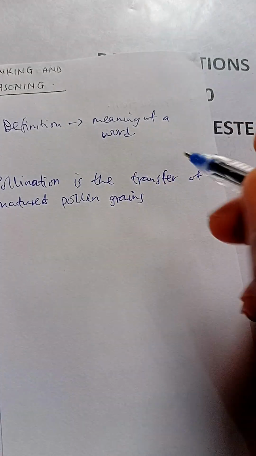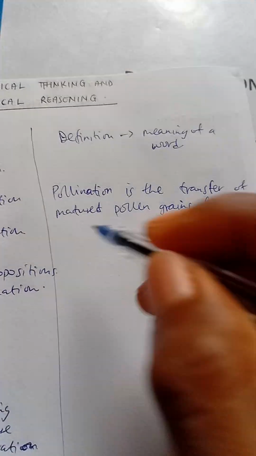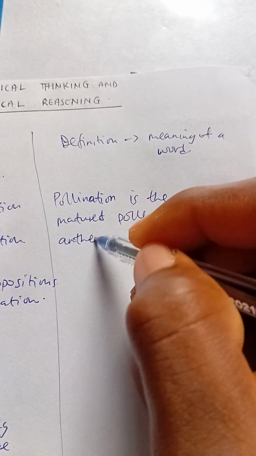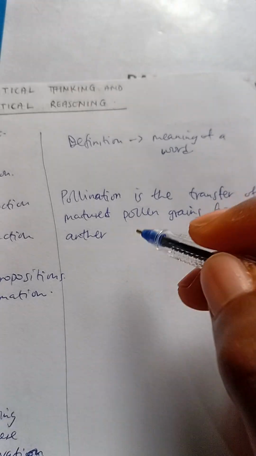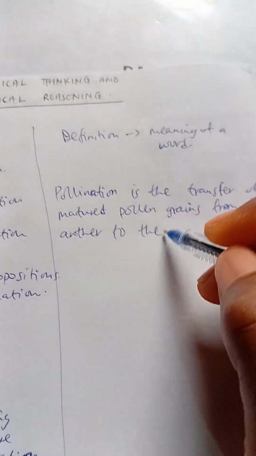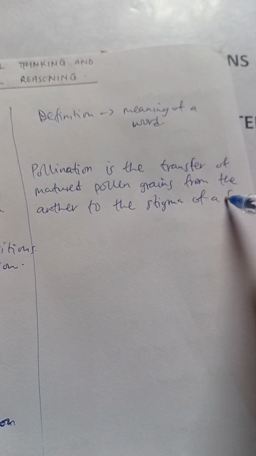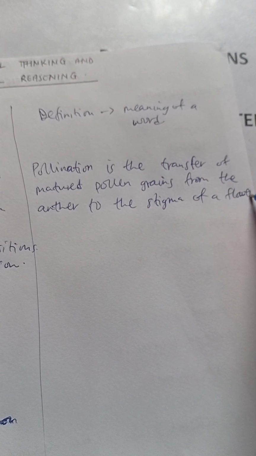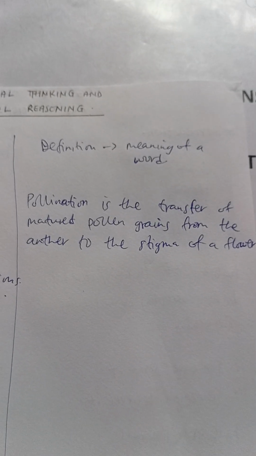Matured pollen grains from the anther to the stigma of a flower. Yeah, so this was the definition I was taught in primary 6.